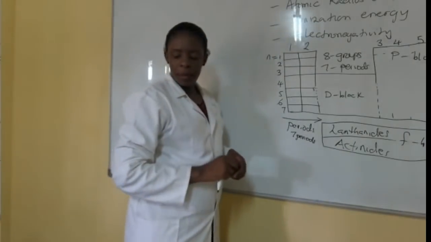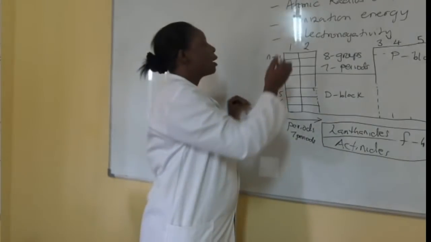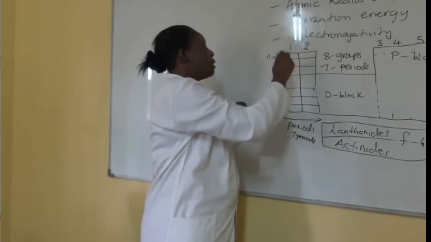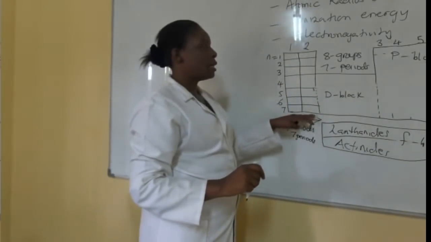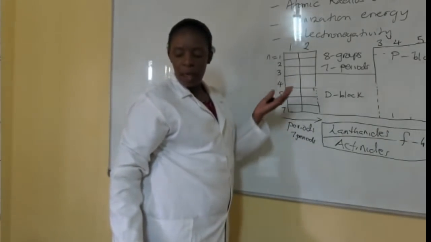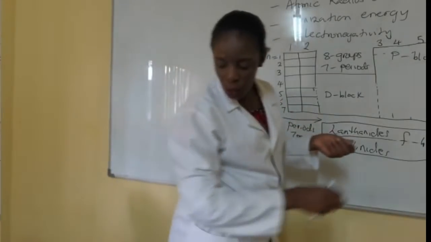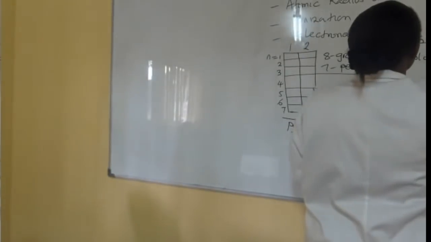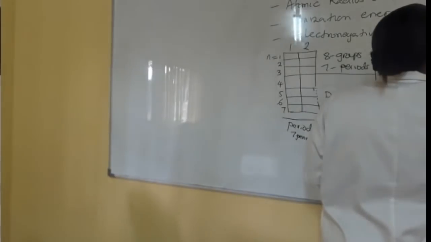Then the other thing you will note is group 1 elements are known as the alkali metals. Group 2 elements are known as the alkaline earth metals. And then the other notable group is group 6, which are the chalcogens, then halogens, and noble gases.